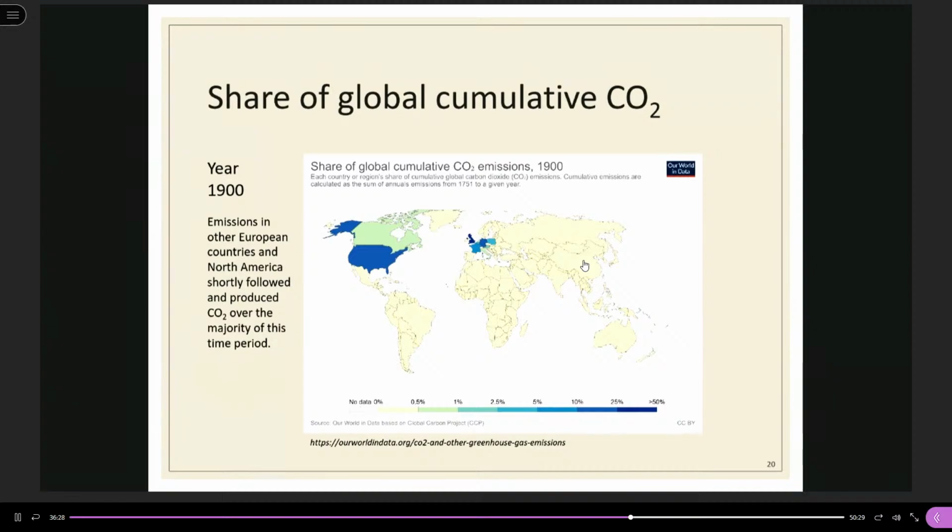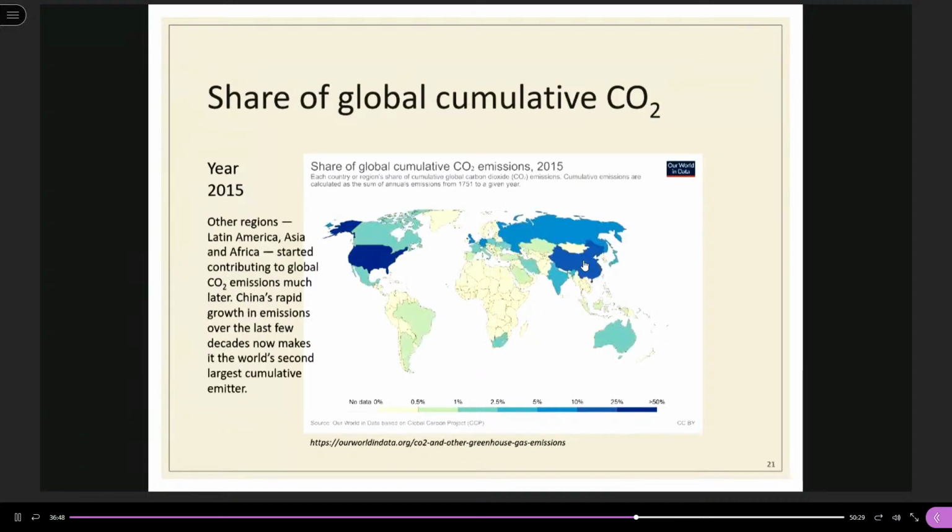So 100 years ago, we had Europe, the United States, and Canada producing carbon dioxide, and for the rest of the world, nearly zero. So the main contributors were these countries.